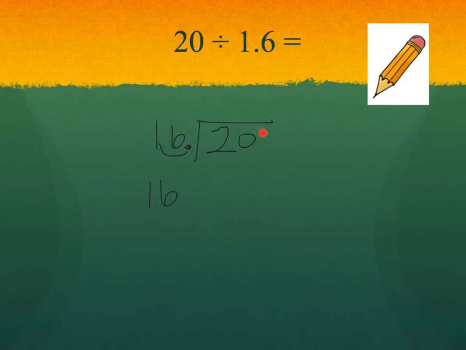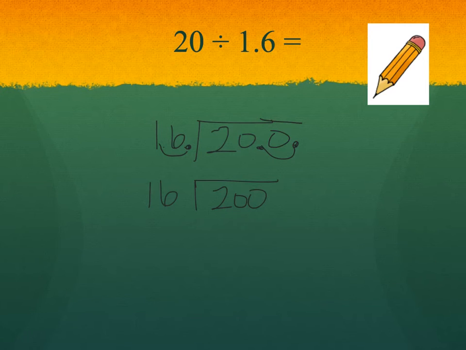If you notice, we don't see a decimal point right now. 20 is a whole number. Well, think, where are decimal points located when you have a whole number? Hopefully, you said right at the end. So if I have a decimal point there and I need to move it one place to the right, it would look like this. Now I have 200 divided by 16.